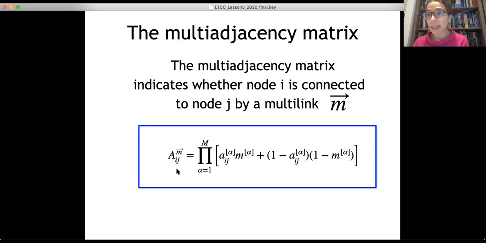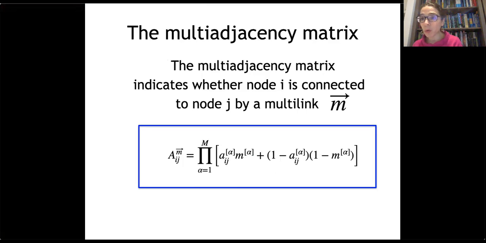So we can express the multi-adjacency matrix in terms of the adjacency matrix of the network in this way. And really we can convert: if we want to consider a multiplex network, we can consider the vector of adjacency matrices, but we can also consider the vector of multi-adjacency matrices.